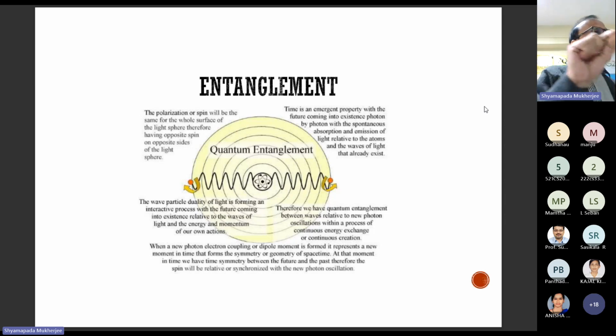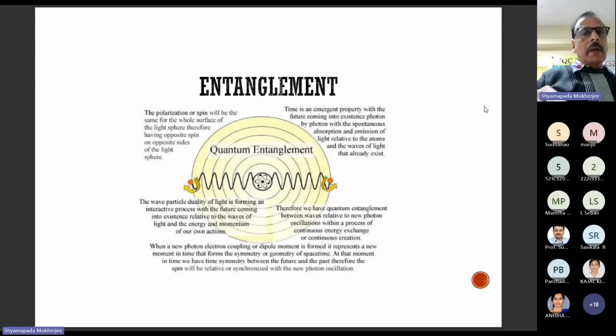But now when you take them from infinity, if you take a very large distance, there is absolutely no connection between the properties of this particle and the properties of that particle. As they are together, there is some interaction, but when you take one particle away from the other, the properties of this do not affect the properties of that particle.